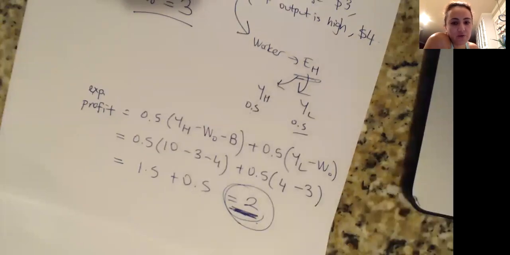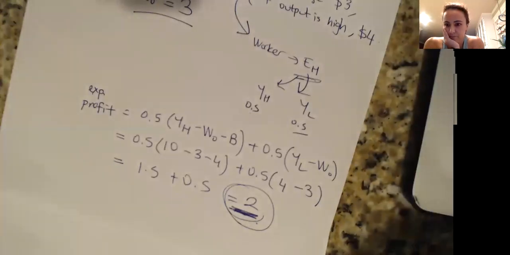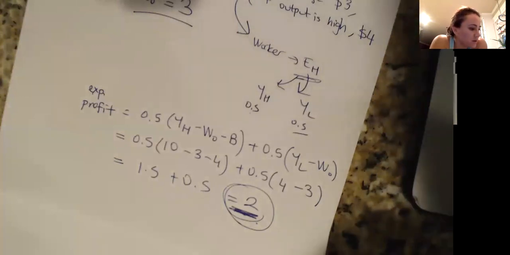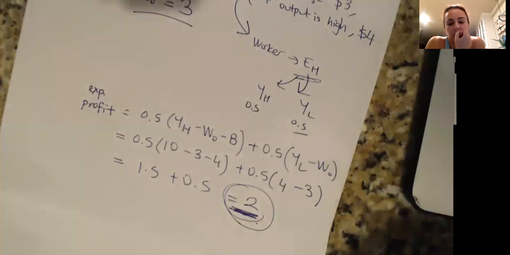So contract 2 is better than a simple flat wage. The reason is pretty simple: when you offer a bonus, you encourage your worker to show high effort, and in that case, your output increases.